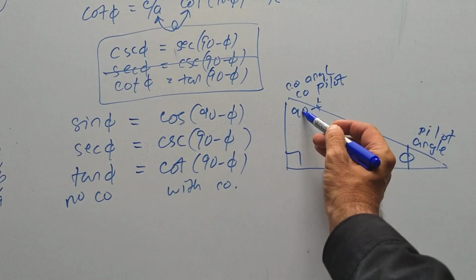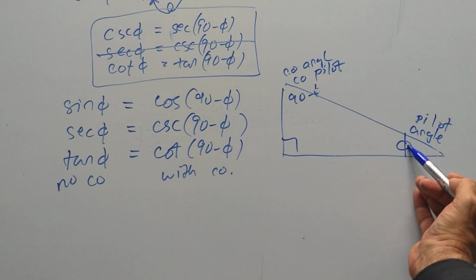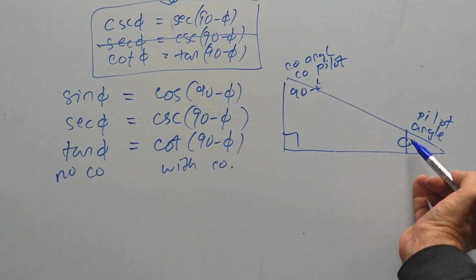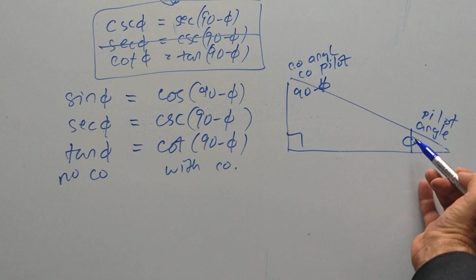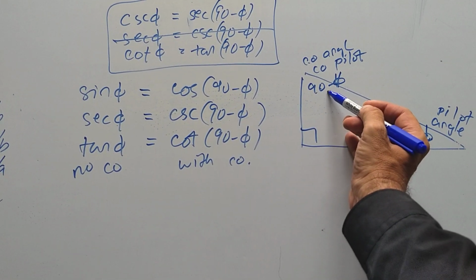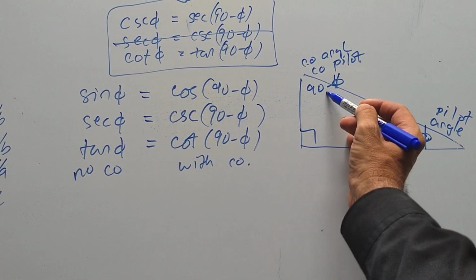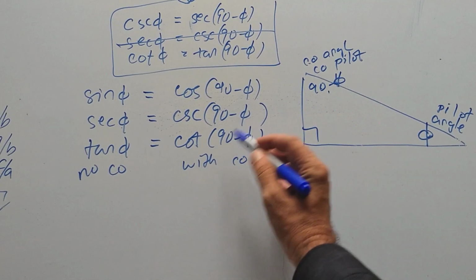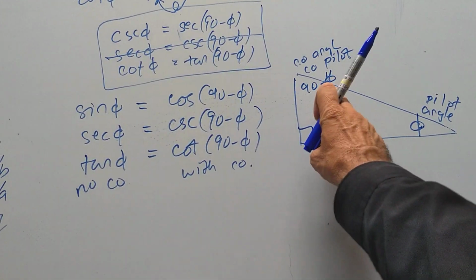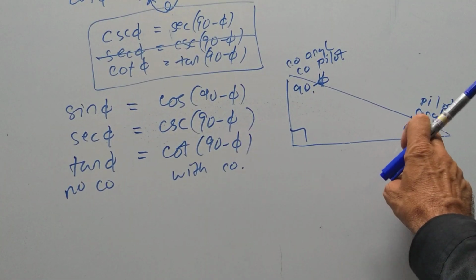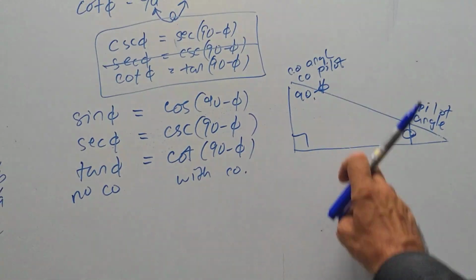Sine of this is cosine of this. Secant of this is cosecant of the co-angle. Tangent of this is cotan of the co-angle. You get it? It's very, very beautiful. These relationships between angle, co-angle, pilot, co-pilot, sine, cosine, secant, cosecant, tan, cotan.